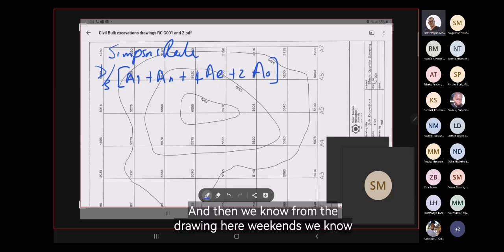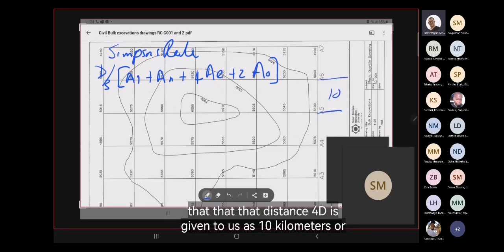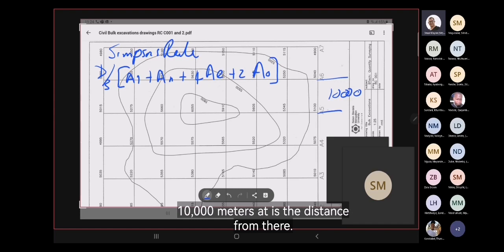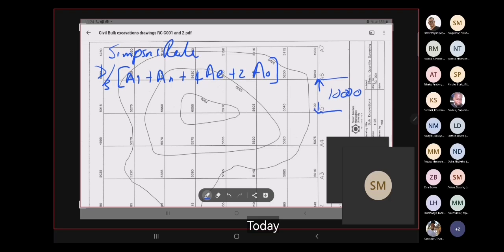And we know from the drawing that the distance D is given to us as 10 kilometers, or 10,000 meters. That is the distance from there to there.